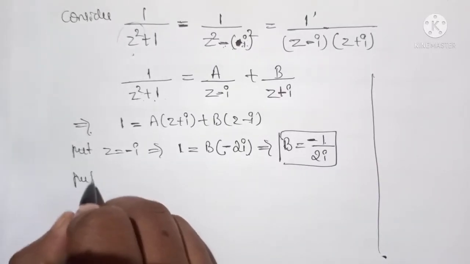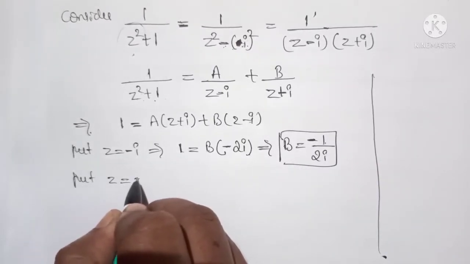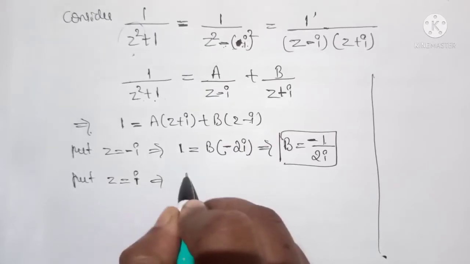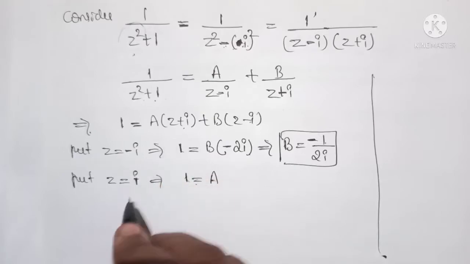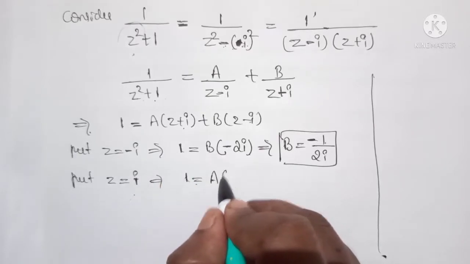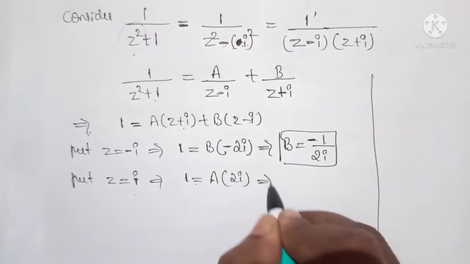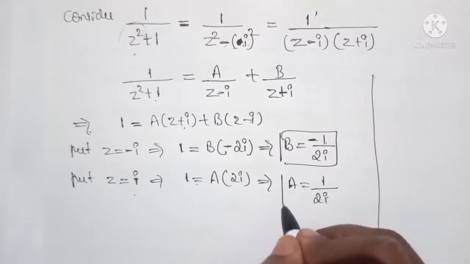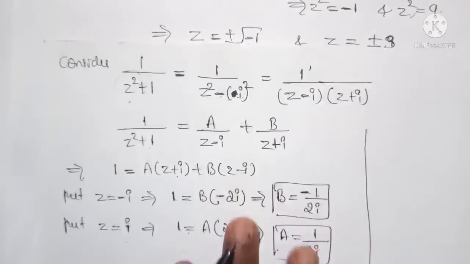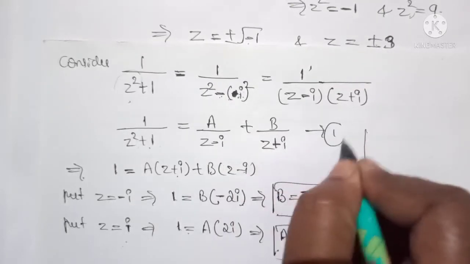Similarly put z equals plus i, we get 1 equals a into plus 2i, thus a value is equal to 1 divided by 2i. Substituting those values, you can consider this as equation 1.